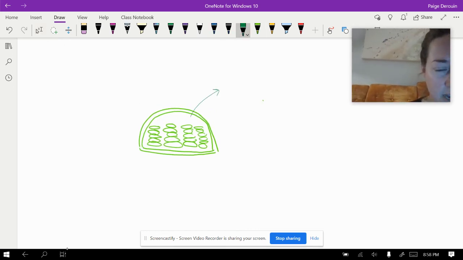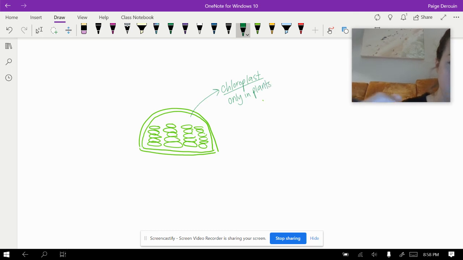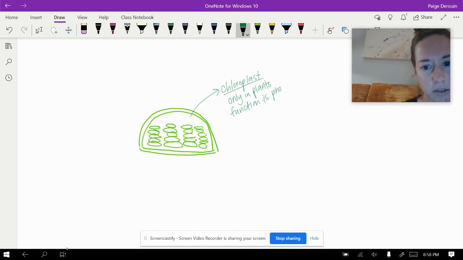This is a chloroplast. Chloroplasts are only in plants. More specifically, they're only in the leaves because their function is photosynthesis.